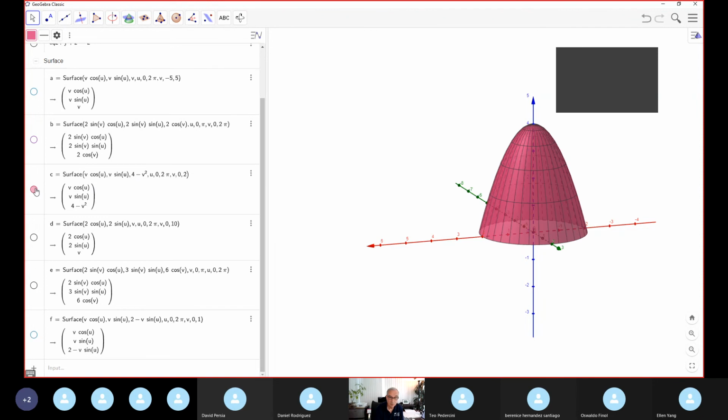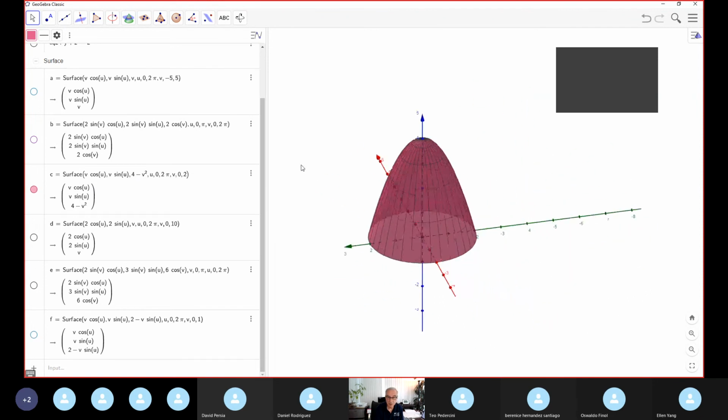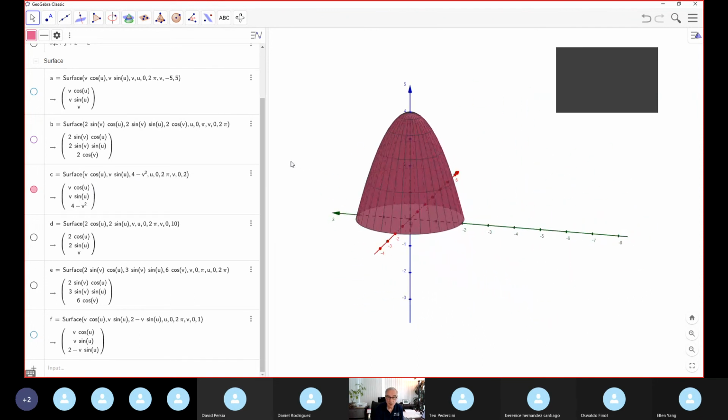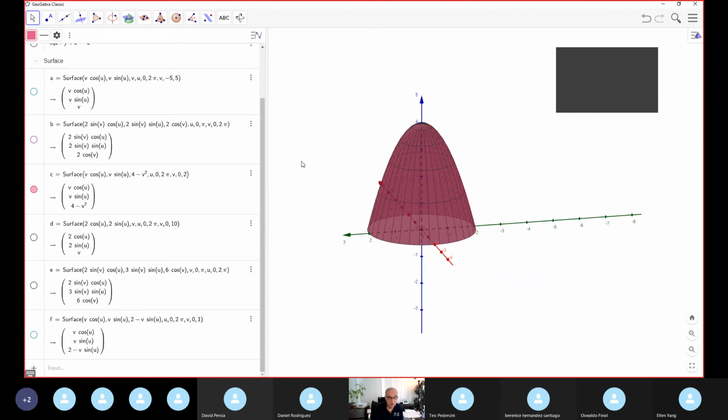Look at that. One paraboloid along the z-axis, up and down, intersecting 4. It's another way to visualize this. Super useful, super powerful.